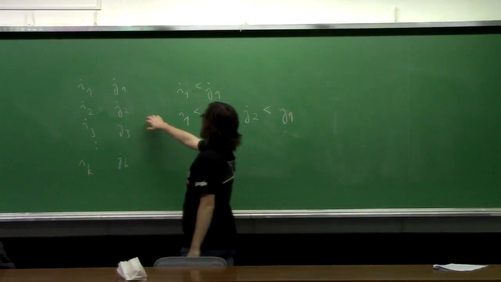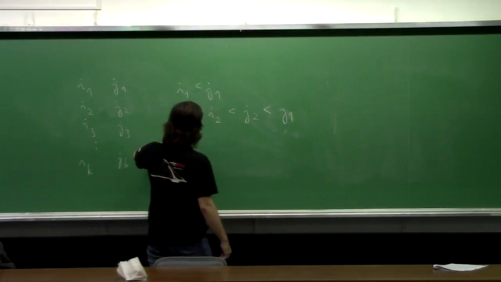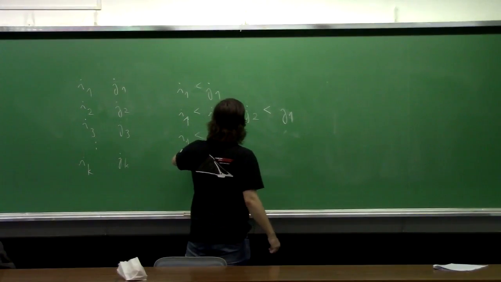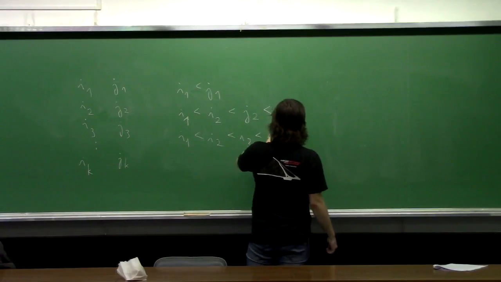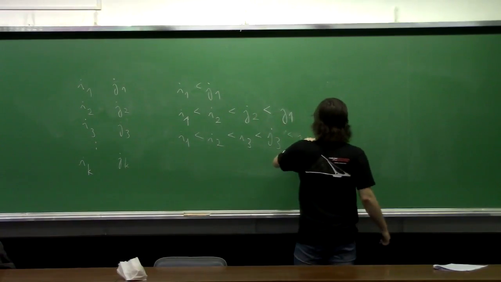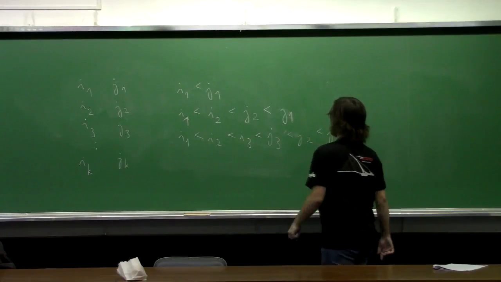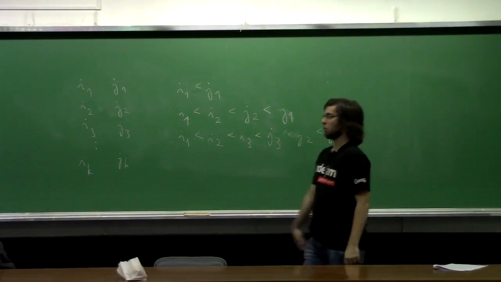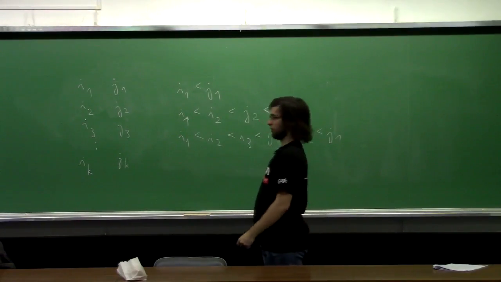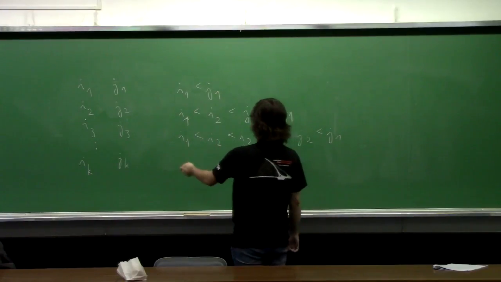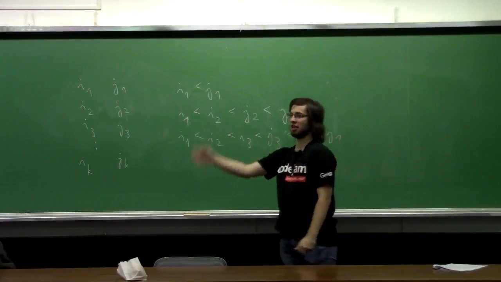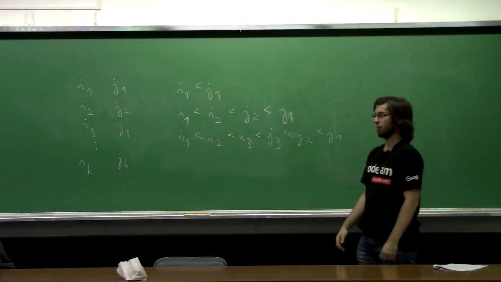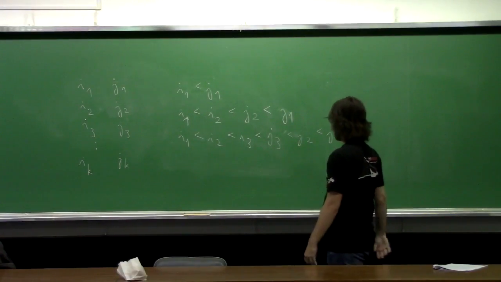The same thing holds for I3 and J3, so I1, I2, I3, J3, J2, J1 must be the order of these indices, and so on up to IK and JK, where we need to have the order of indices I1, I2, I3 up to IK, and then JK, JK minus 1 up to J2, J1.